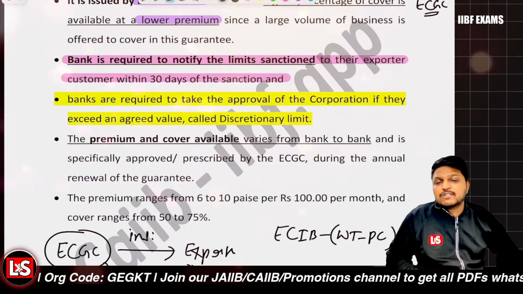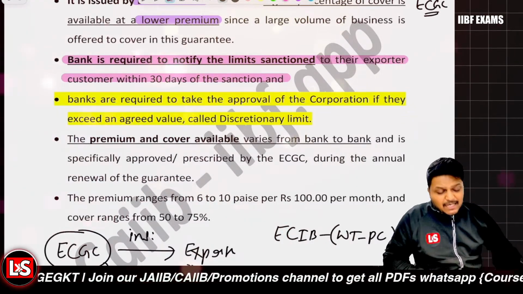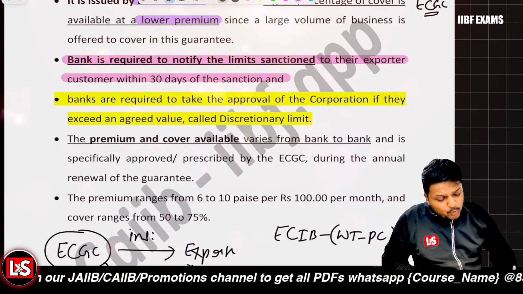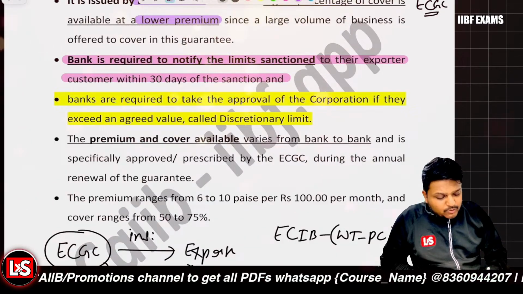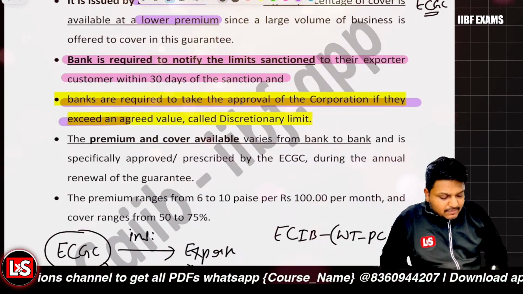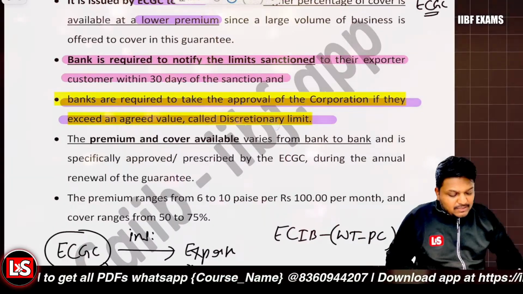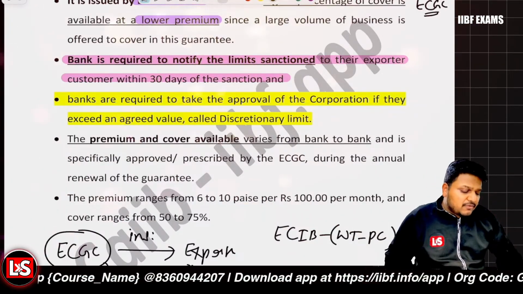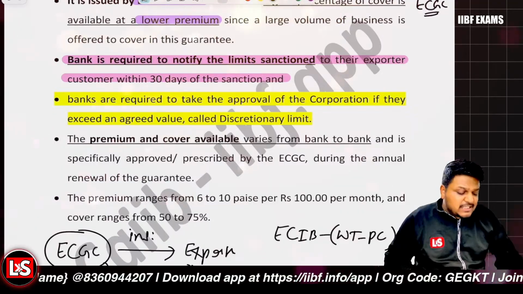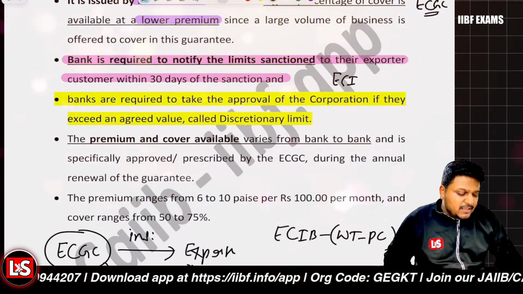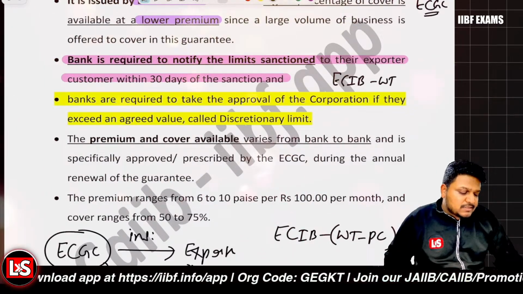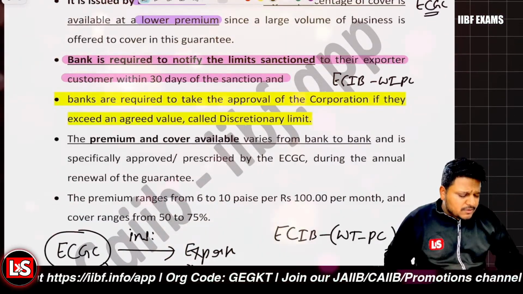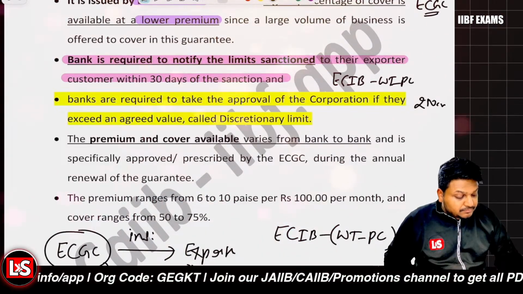Banks are also required to take approval of the corporation if they are going to exceed the agreed value, which is said to be the discretionary limit. Let's say the bank availed the ECIB WTPC for 250 crore rupees.